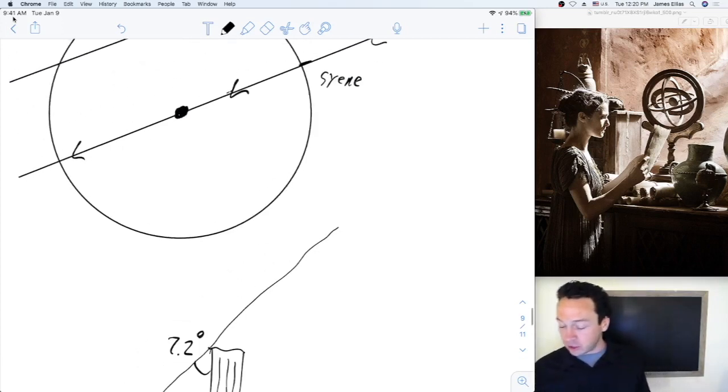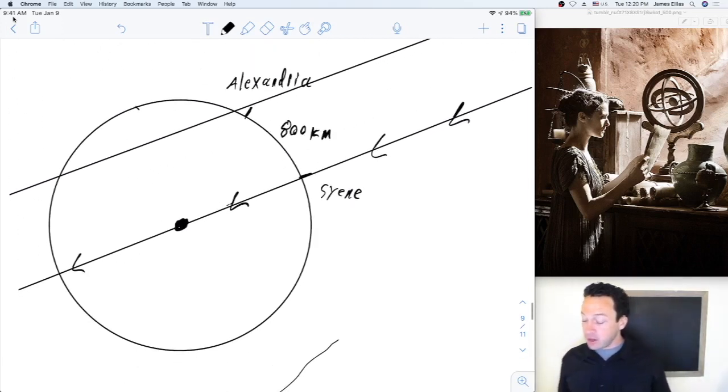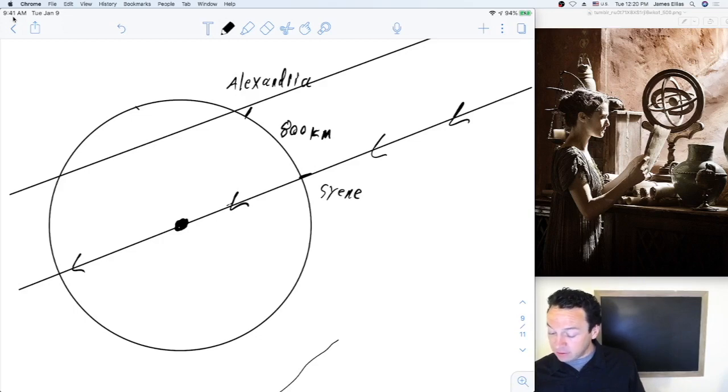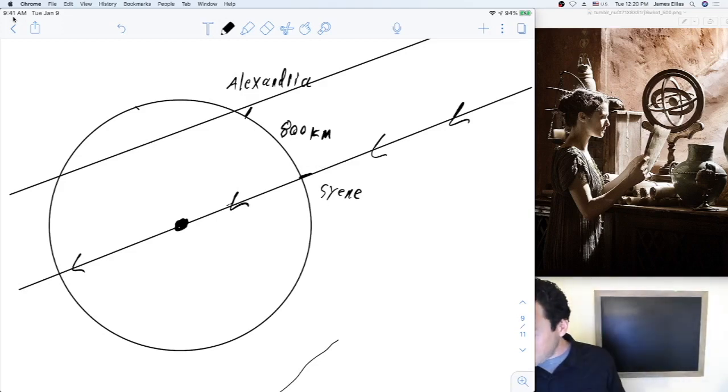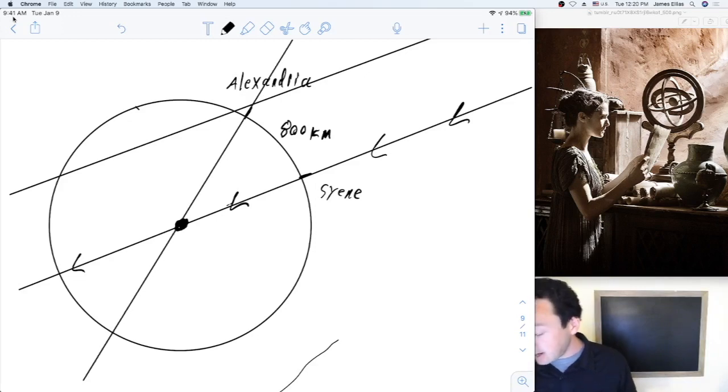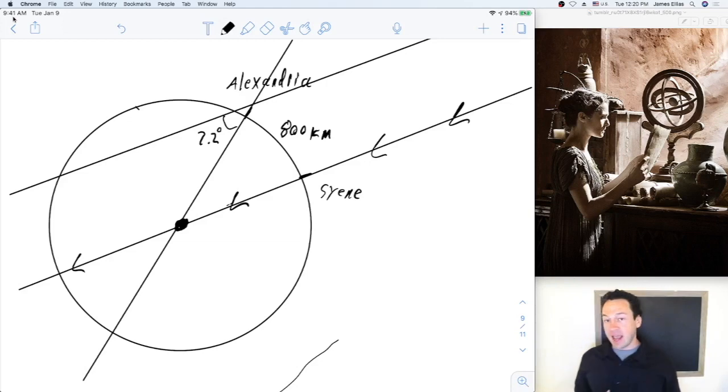Okay, so let's return to the big Earth picture. So here we have a 0 degree angle in Syene, but in Alexandria, the sun is striking the Earth at a 7.2 degree angle. Now I'm going to draw an extra line because this is what Eratosthenes does. So remember, this is a 7.2 degree angle because, again, that's the angle that Eratosthenes' stick makes in Alexandria by measuring its shadow.